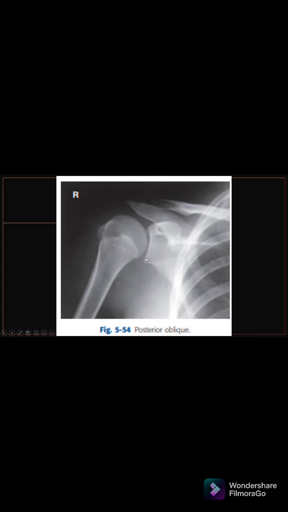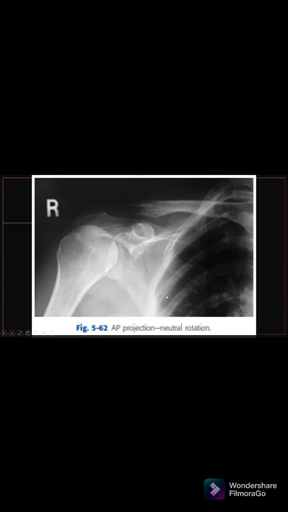Kaya siya special method. So dito sa Grashy method, ang main focus dito is dapat hindi ma-superimpose ng humeral head ang buong glenoid cavity.